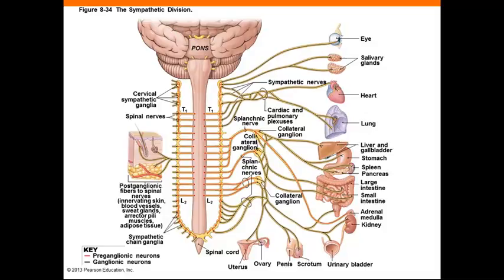Postganglionic neurons here innervate the abdominopelvic cavity as pictured. Notice the adrenal medulla. The adrenal medulla is actually modified neural tissue, and it secretes epinephrine and norepinephrine right into your blood capillaries, so it functions like an endocrine gland. The effect is nearly identical to that of the sympathetic postganglionic stimulation of adrenergic synapses, and they're innervated by preganglionic fibers.